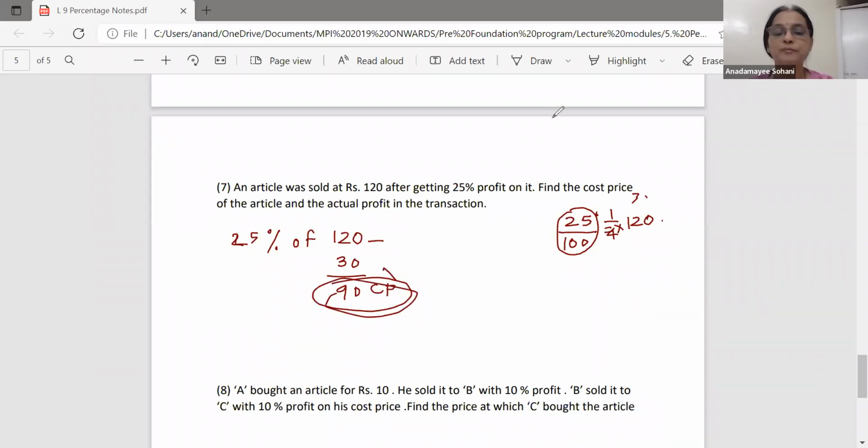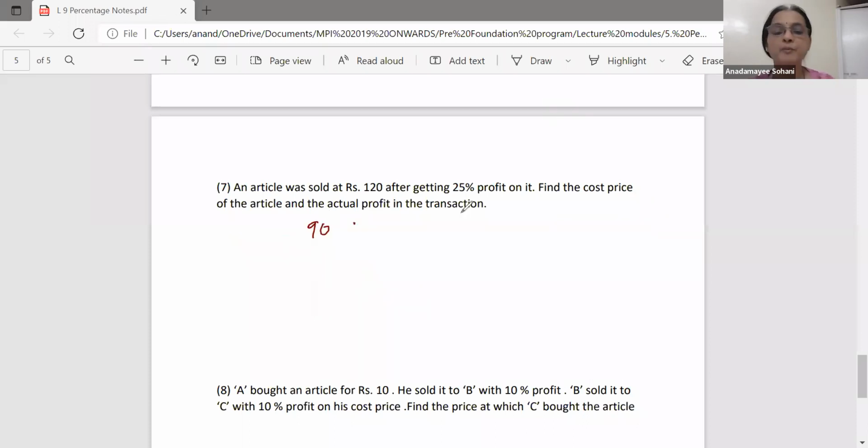Because if I take 90 as my cost price and take 25% profit on it, what will be my sale price? What will be 25% of 90? 1/4 of 90 will be 22.5.